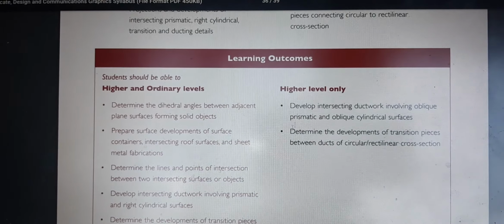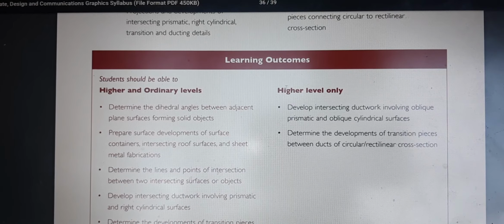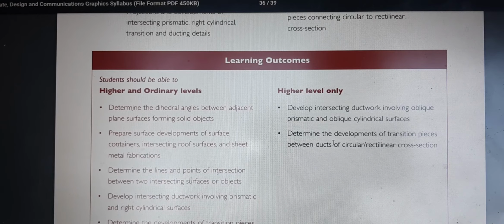Here you go. So in the higher level, they talk about ductworks, which I'll talk about later on. Surface developments. Oh yeah, for higher and ordinary, they say surface developments, and they mean true shapes.